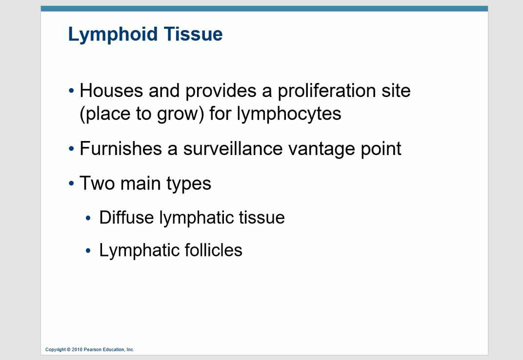Lymphoid tissue. Those are clusters of lymphoid cells. They house and provide proliferation sites, so places for lymphocytes to grow and mature, and they furnish a surveillance vantage point. Think of this as a security office with footage of all areas on a campus, for example.